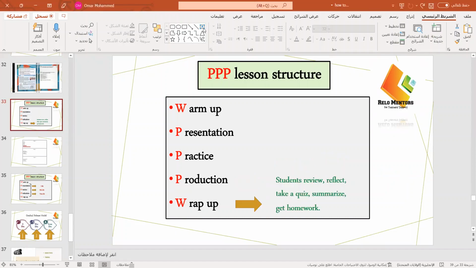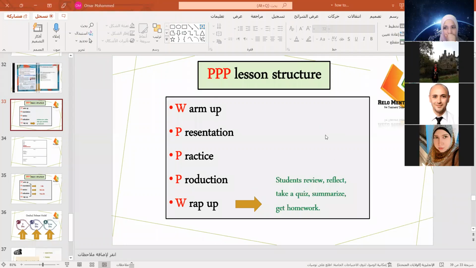Yeah, the wrap up is like summing up the activities, so students can review and reflect on what they have learned. It can be a quiz, or they can summarize something they have learned. It could be an exit ticket, just a simple question.